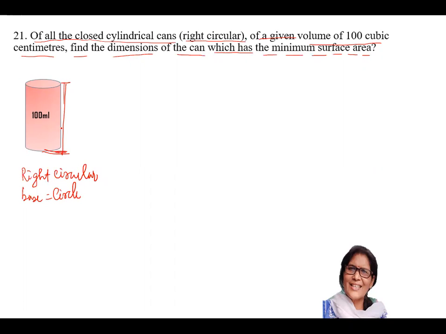Next, volume is given: 100 centimeter cube. Next, you have to find the dimensions, which are the radius and the height, when the other condition is minimum surface area.